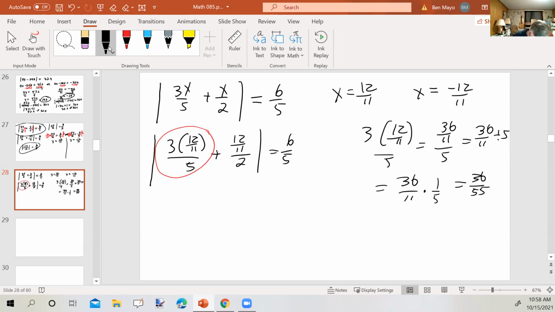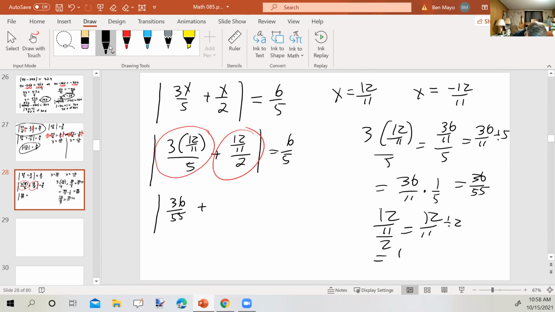Wasn't that fun? So this whole thing, 36/55 plus, okay, now let's take this, 12/11 over 2 is 12/11 divided by 2 is 12/11 times 1 over 2, which is 12 over 22, or 6/11.